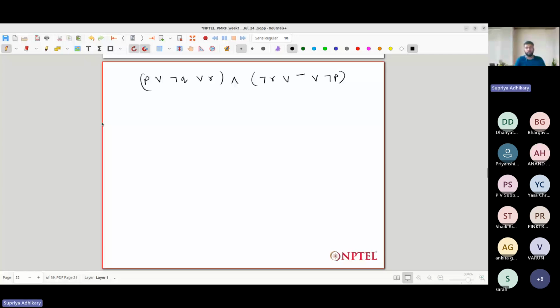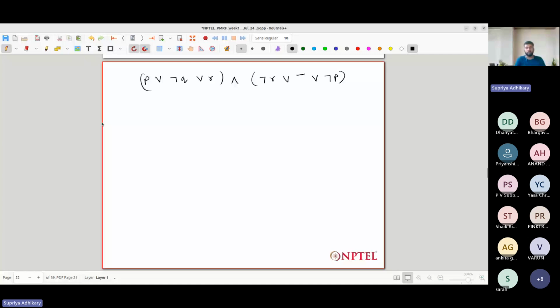So the dual is that the literals will not change. Literals will stay.